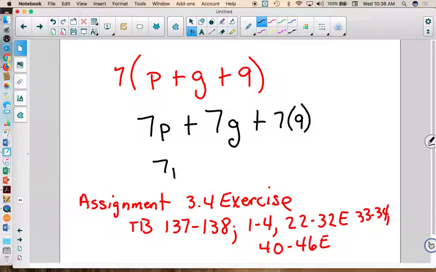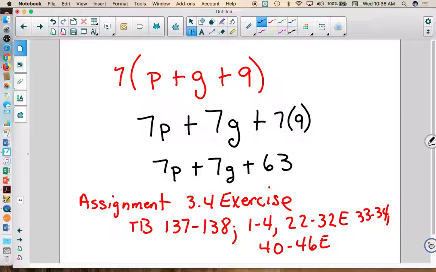Final answer, 7p plus 7g plus, what is 7 times 9? 63. What is 7 times 9, Braden? 63. Step 2 says, to simplify, combine all like terms.